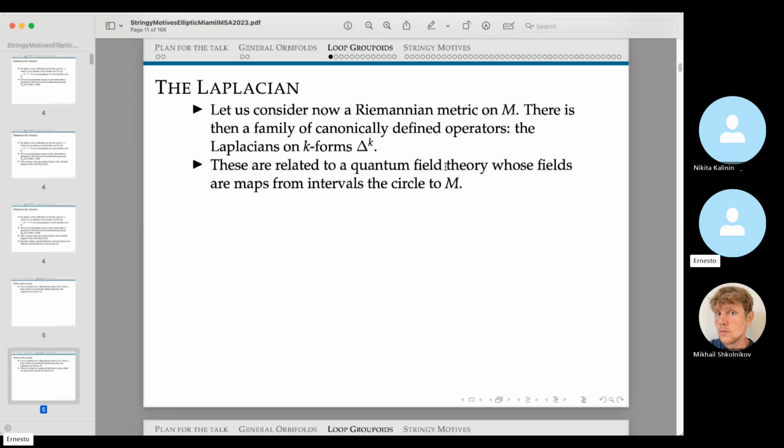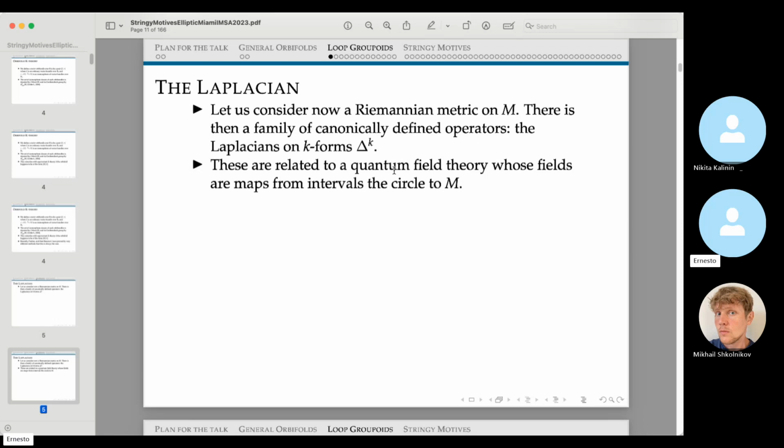A quantum field theory has to have fields that are being quantized. The space of fields, which is a topological space or an infinite-dimensional manifold, is quantized so that functions on this space of fields become operators on Hilbert space.